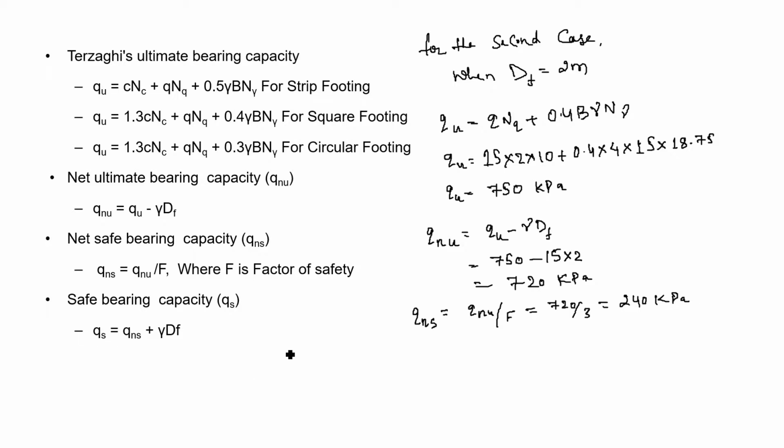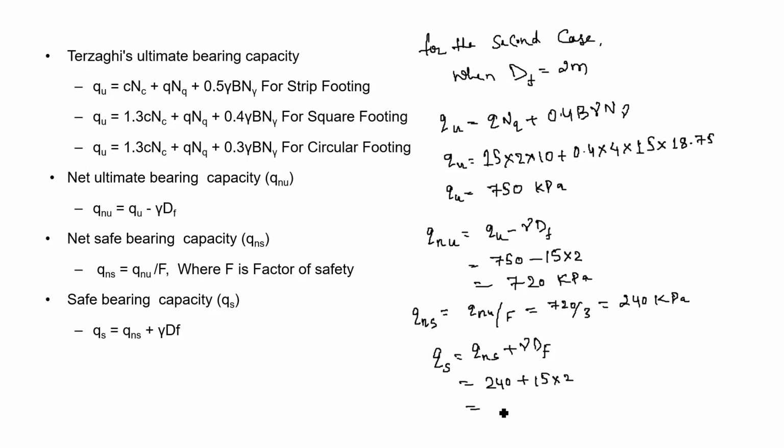Now we can calculate the safe bearing capacity Qs. Qs is equal to Qns plus gamma into Df. Qns we have calculated as 240 kilopascal plus gamma, that is unit weight of soil 15, times Df, the depth of foundation.